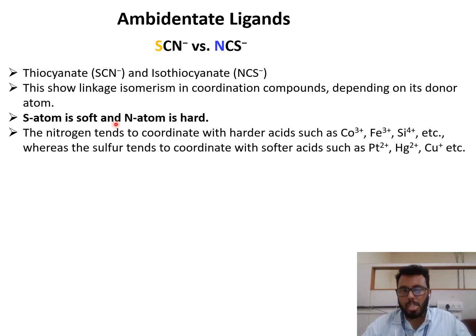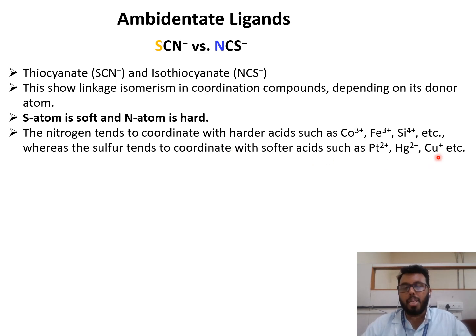So based on this also you can determine, if you have these two ligands, which one will preferentially form a stable compound or complex with this hard acid transition metal cation. Whereas the sulfur atom is a softer base, so it will tend to coordinate with softer acids like platinum, mercury, and copper.